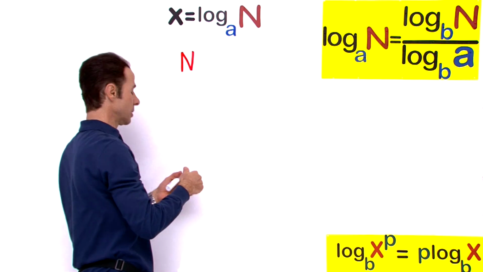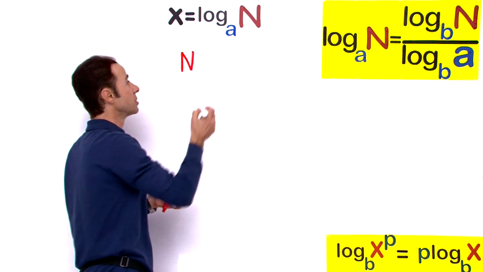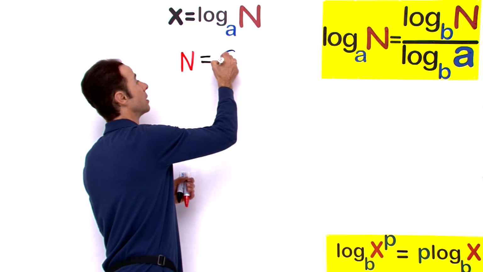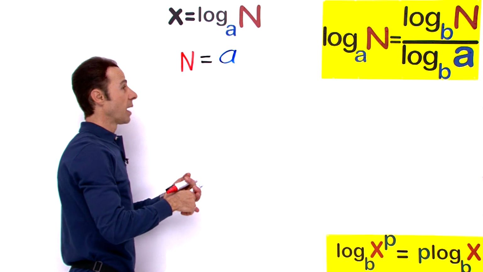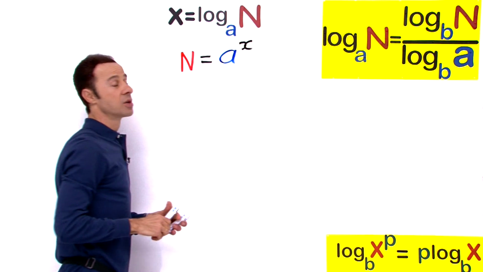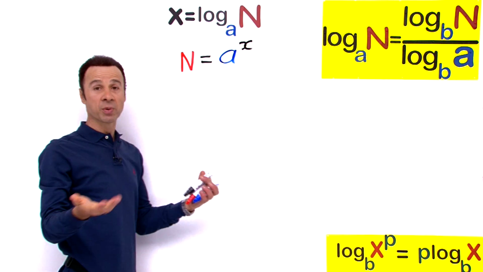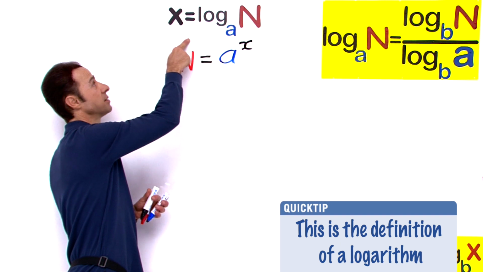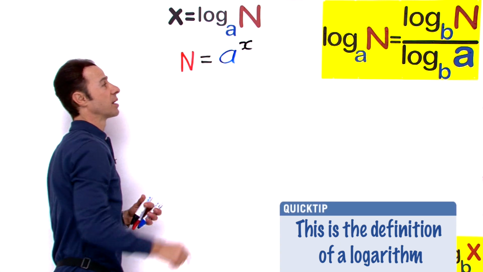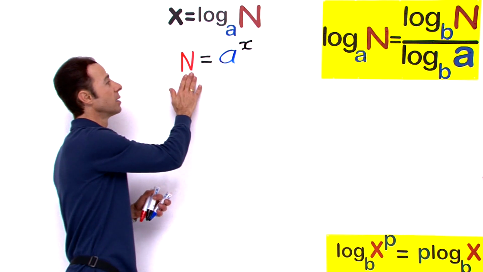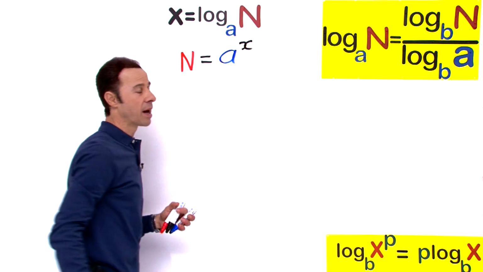So n, the number, equals a, the base, to the power of x. As many of you probably already know, the base goes under this x power and we get this kind of format. So there it is in power format: n equals a to the power of x.